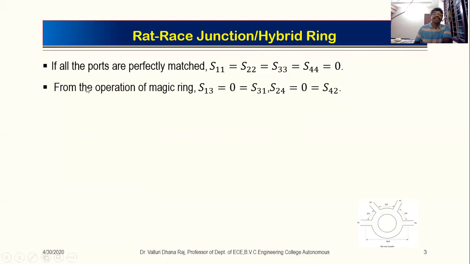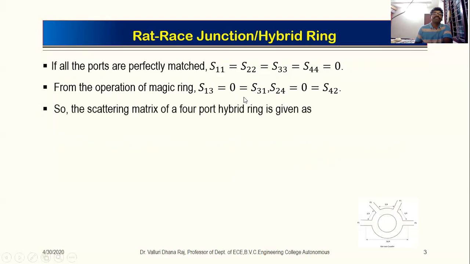And coming to the next, as per the operation of the magic ring, we can understand ports 1 and 3 are isolated, 2 and 4 are also isolated. So we can write S13 is equal to 0, which is equal to S31, and S24 is equal to 0, which is equal to S42.